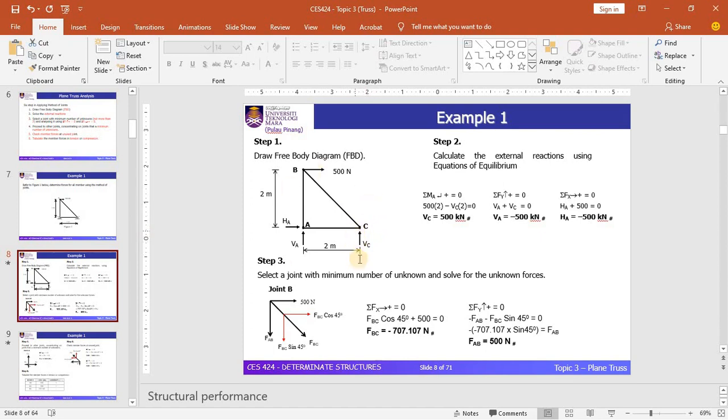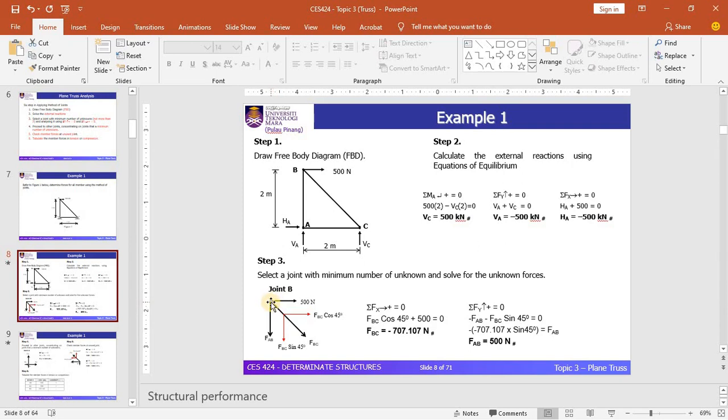But if you look at this particular solution, the joint that has been selected is joint B. At joint B, we have BA and BC, and we have the applied load, which is 500 kilonewtons laterally. For the method of joints, what I want to highlight here is that we do not know whether the member is in compression or tension.